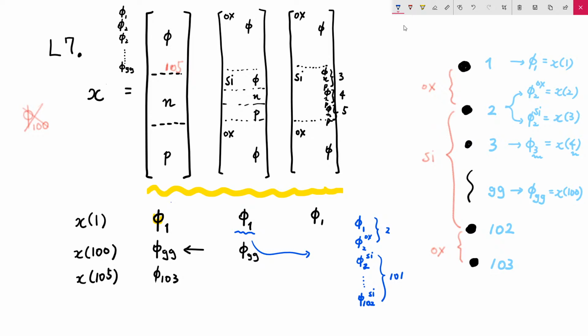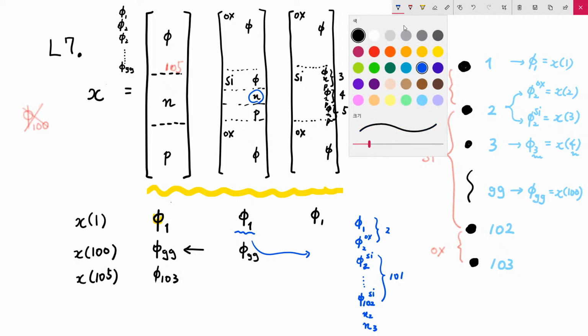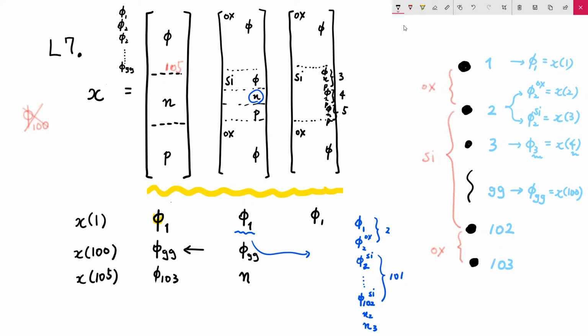After that, what comes? Now the electron density comes. It is given as the electron density at the second node and the electron density at the third node. So our answer should be N3 instead of the electrostatic potential at the 103rd node.